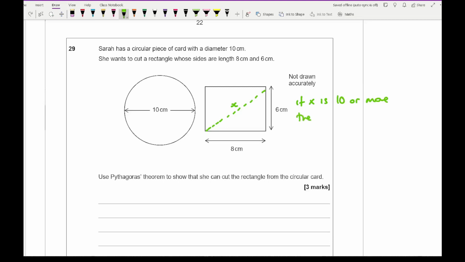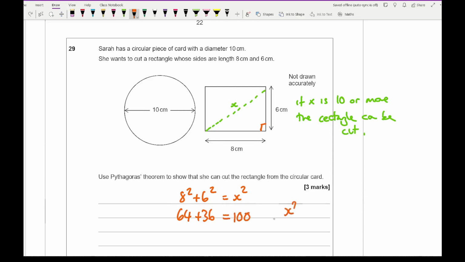So if x is 10 or more, the rectangle can be cut. Hopefully you can spot that it's going to be a Pythagoras question. So 8 squared plus 6 squared equals x squared. So I've got 64 plus 36 equals 100.